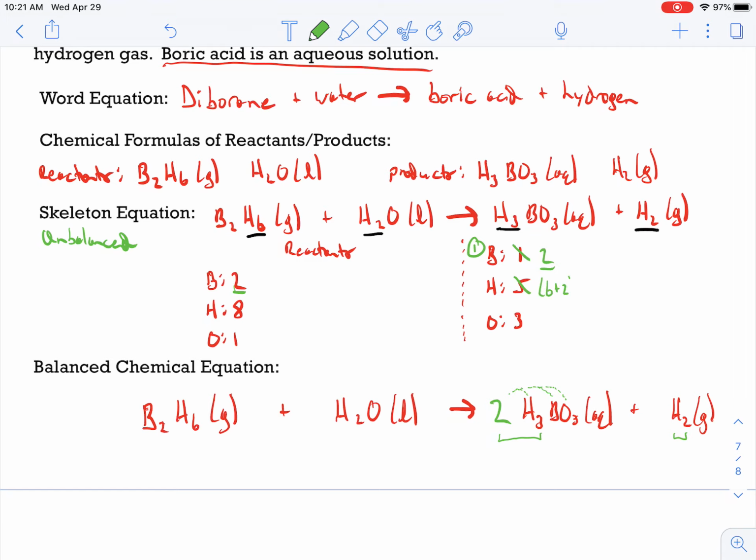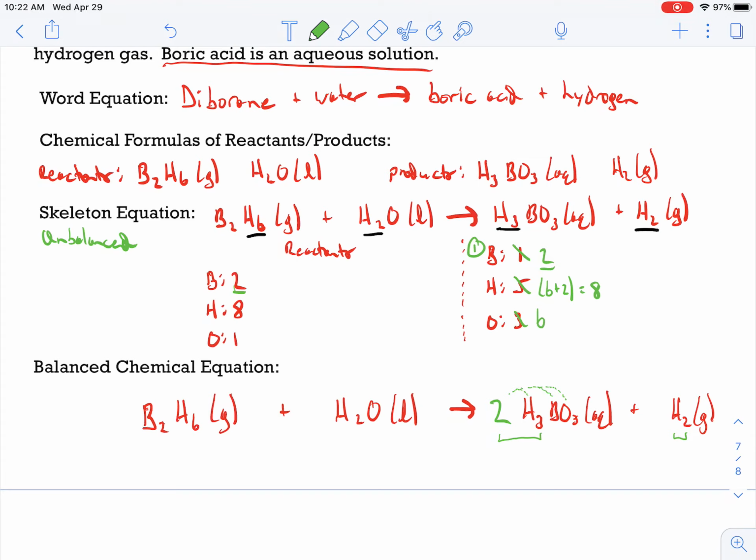So we have 6 plus 2, which is 8 total hydrogen atoms. Last thing, we have 2 times our 3 oxygens in each boric acid molecule, which gives us a total of 6 atoms of oxygen.